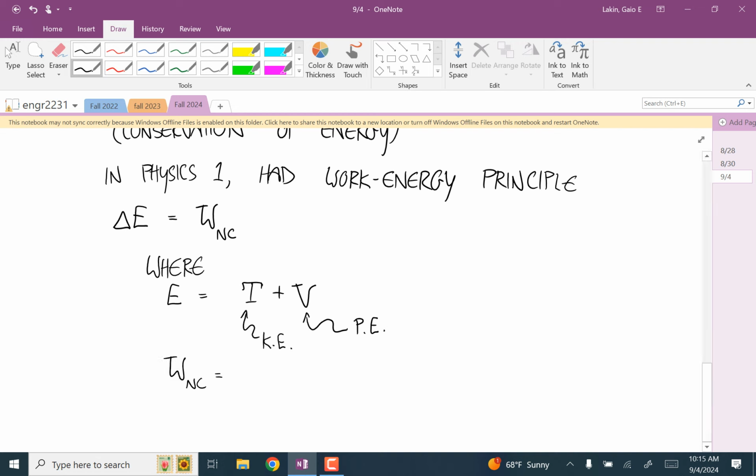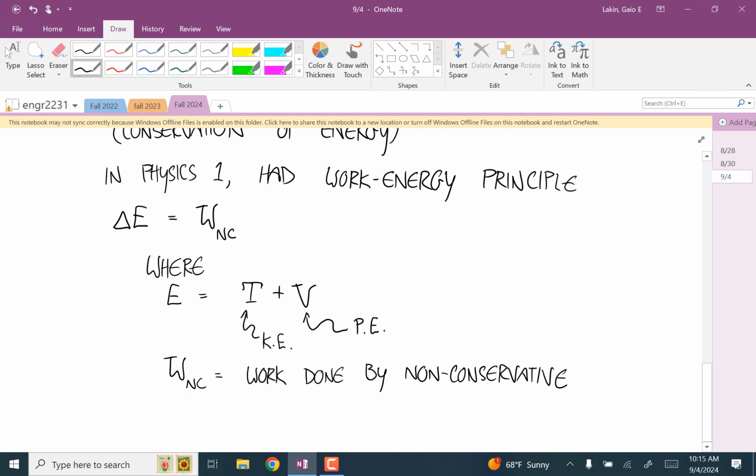And then the W_NC is the work done by non-conservative forces. Remember the conservative, non-conservative force thing? Remember that the potential energy of a conservative force is actually the negative of the work that's done by that conservative force.